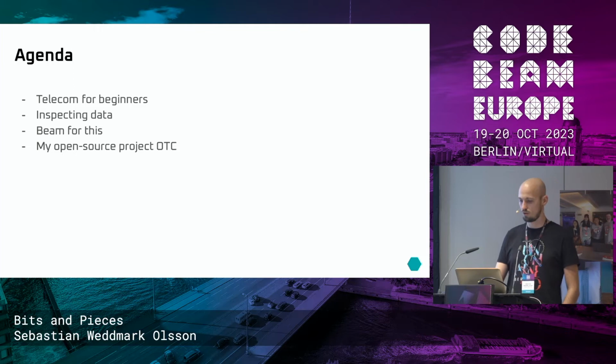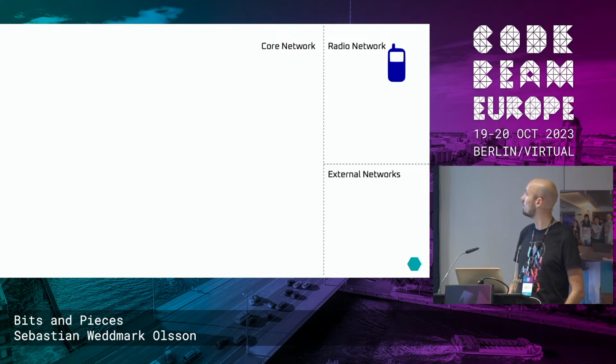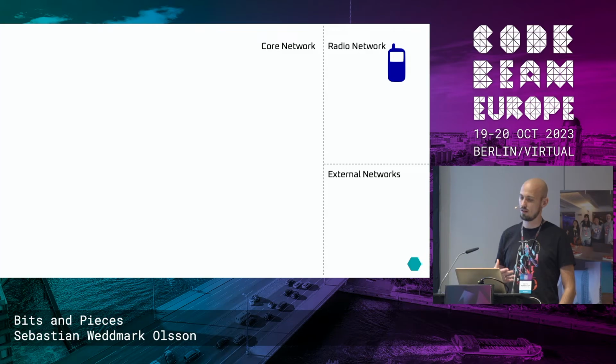So say you want to build a core network. Then you can start with a mobile device, and that is usually a phone, but it can be a pager or a computer with a SIM card or a modem or whatever.